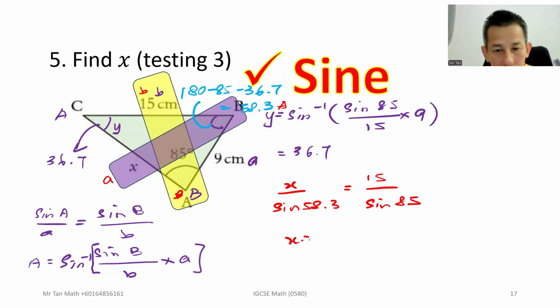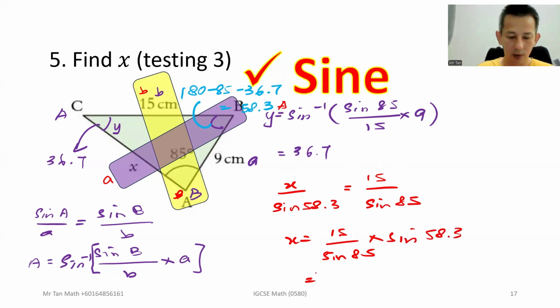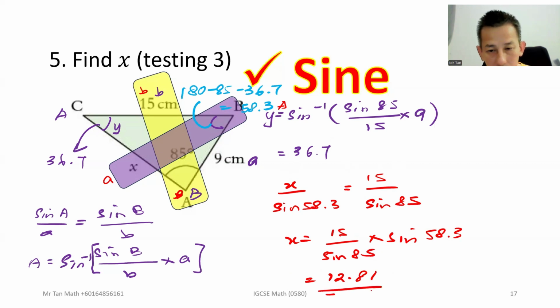So your x should equal 15 over sin 85 times sin 58.3. You should get 12.81 as well. Same answer.